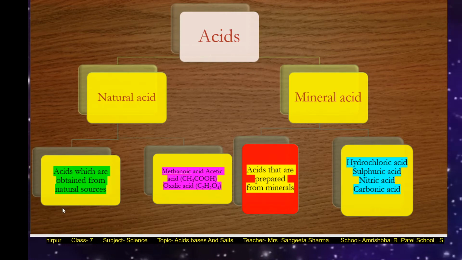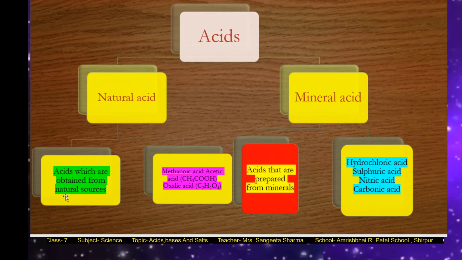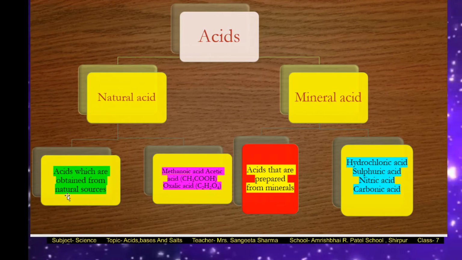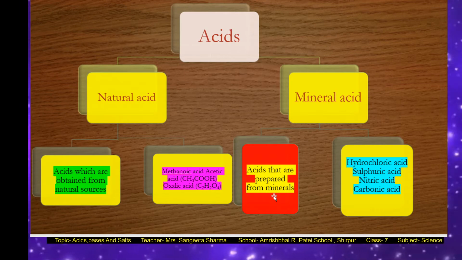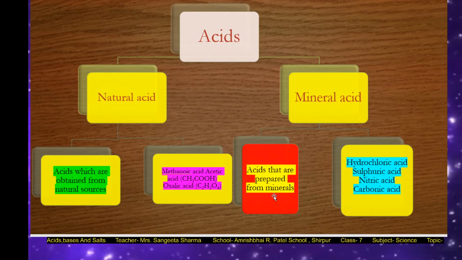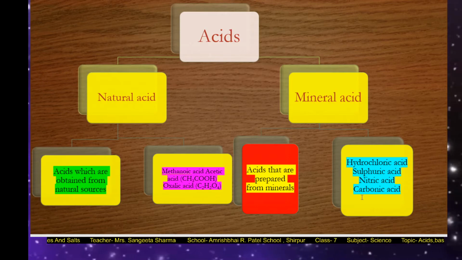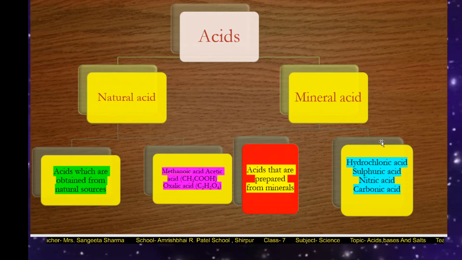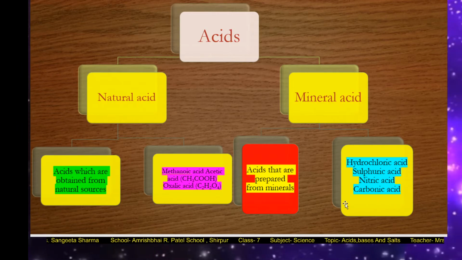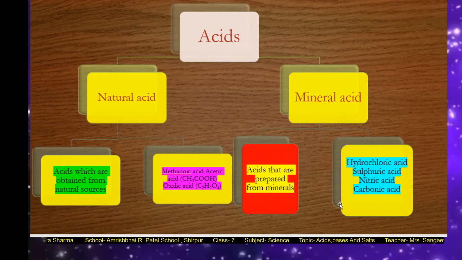What are natural acids? Acids which are obtained from natural sources are called natural acids. And mineral acids are acids prepared from minerals, like hydrochloric acid, sulfuric acid, nitric acid, carbonic acid. These are all mineral acids. They are prepared from minerals.